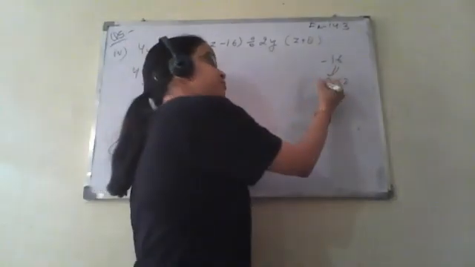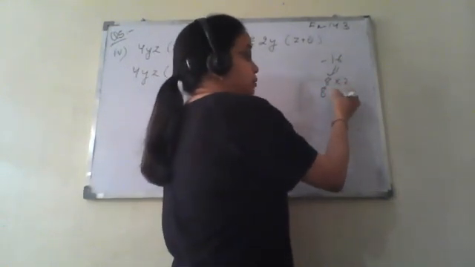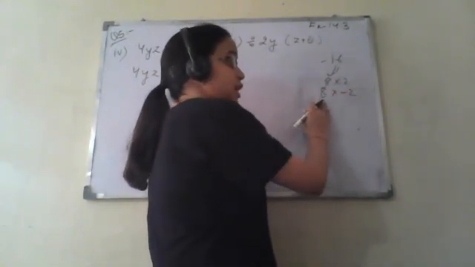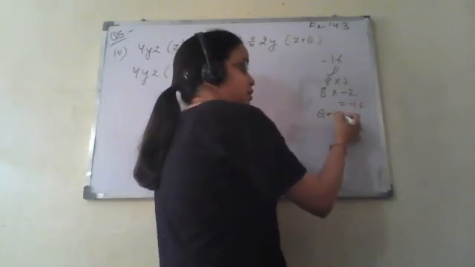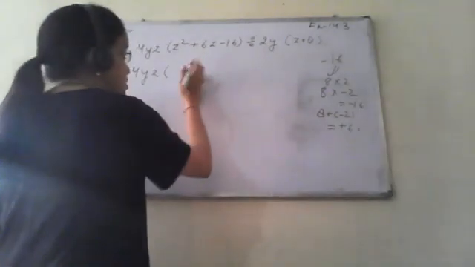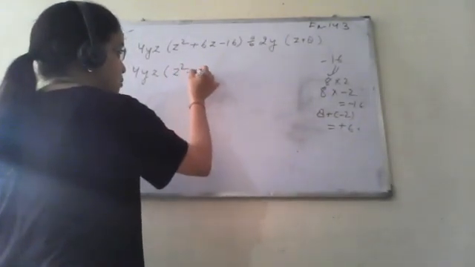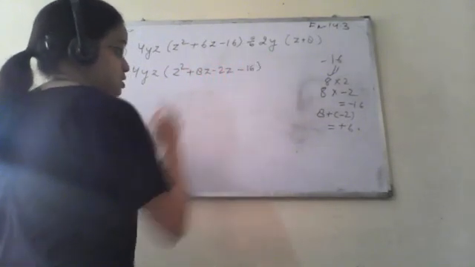So it can be 8 and minus 2. If we multiply 8 and minus 2, the answer will be minus 16, and if we add 8 and minus 2, the answer will be plus 6. So it can be written as z square plus 8z minus 2z minus 16.